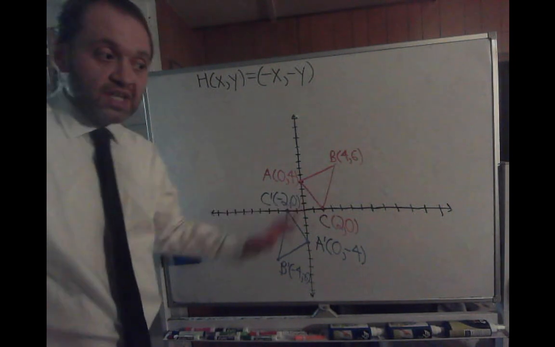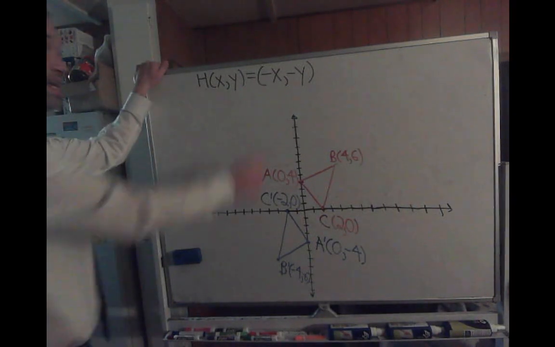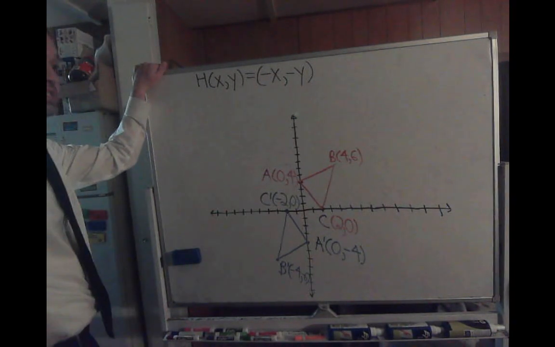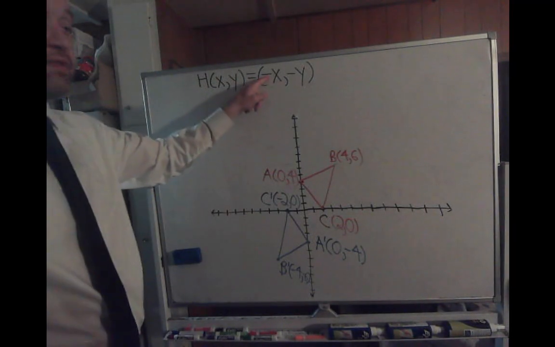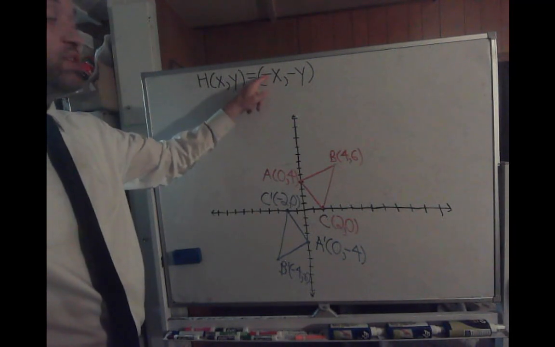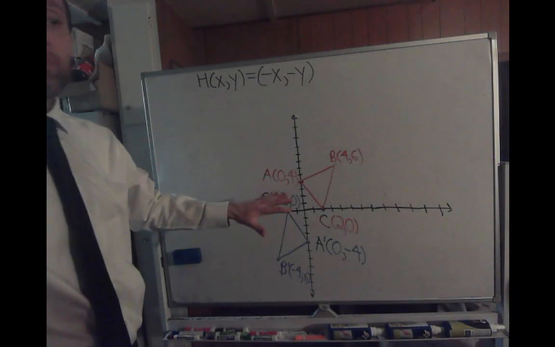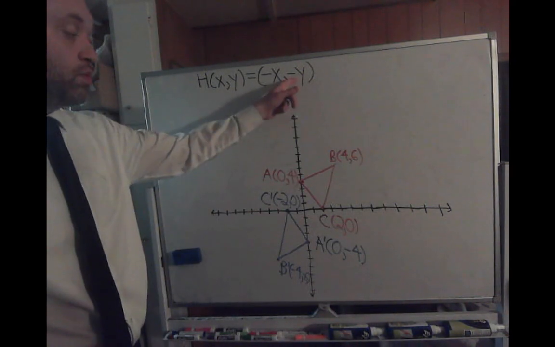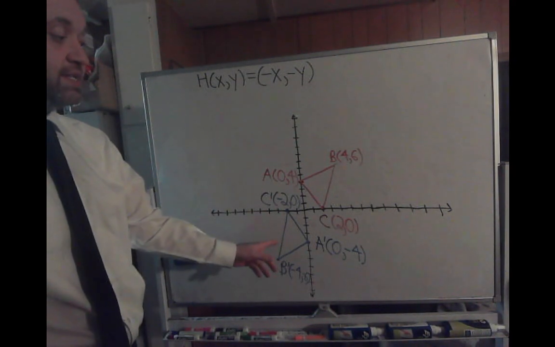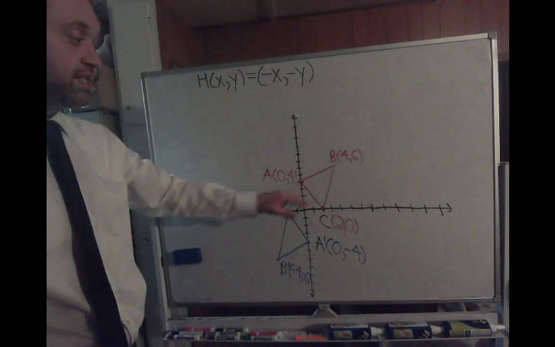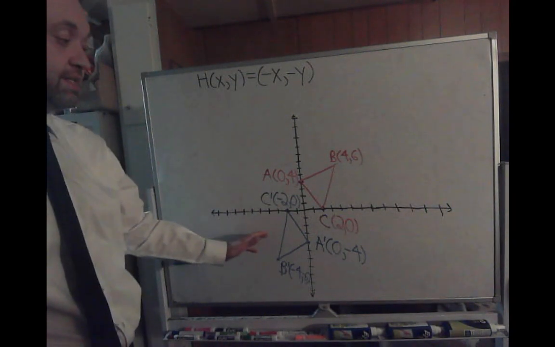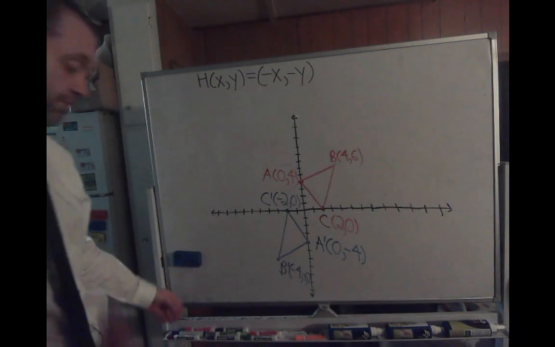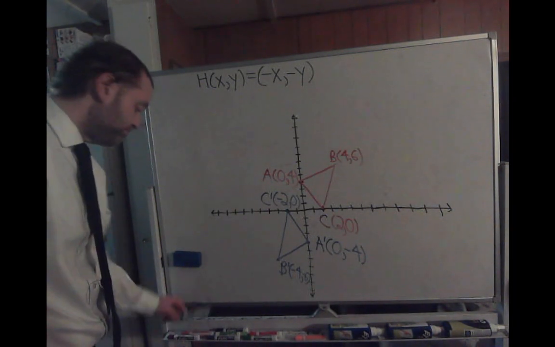You haven't changed the size. But these negatives denote reflections. The negative on the x alone is a reflection in the y-axis, which we'll talk more about in the next lesson. And the negative on the y is a reflection in the x-axis. I have simultaneously reflected this triangle in both axes. So it's a reflection, therefore, yes, it's an isometry.